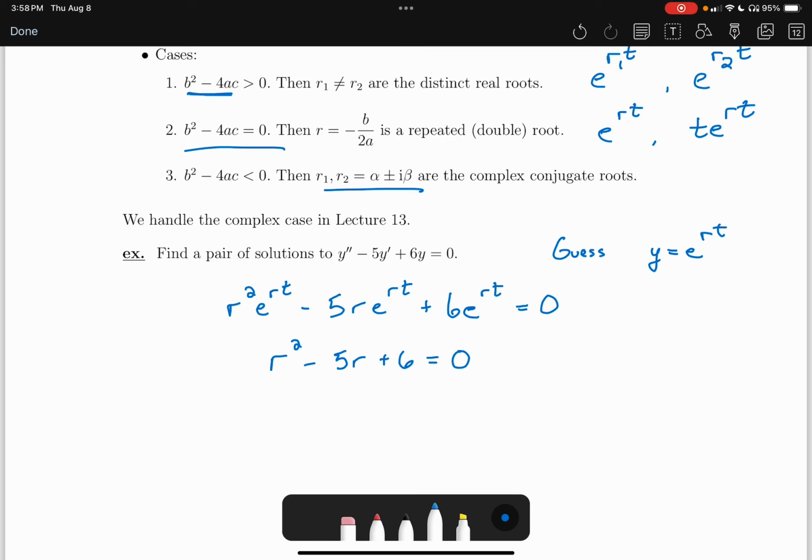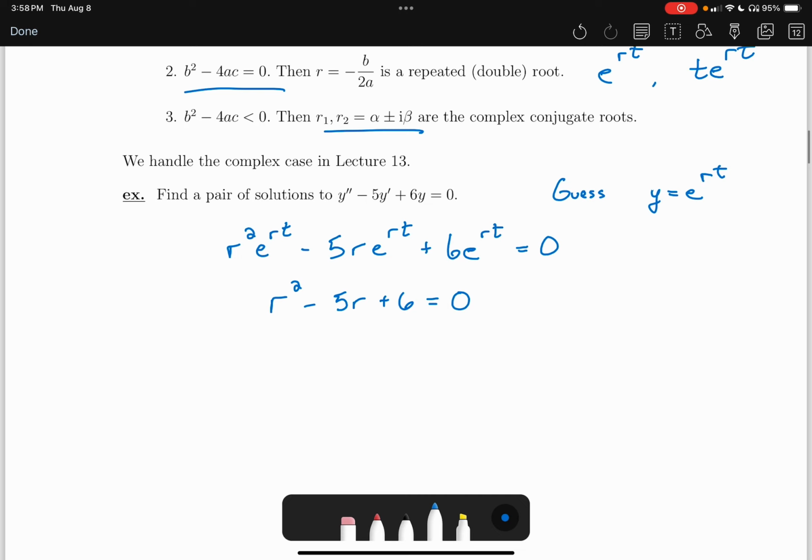Now, we could use the quadratic formula, but we could also factor it real quick. And this is exactly what you would have gotten if you used the quadratic formula. We would have gotten r equals 3 and r equals 2.